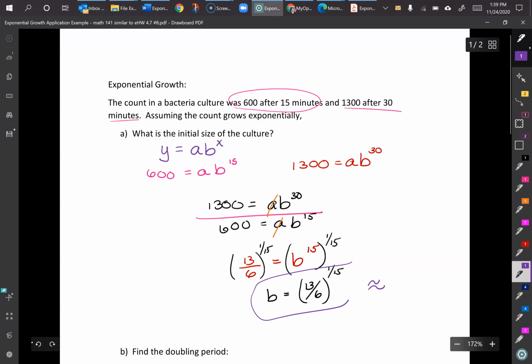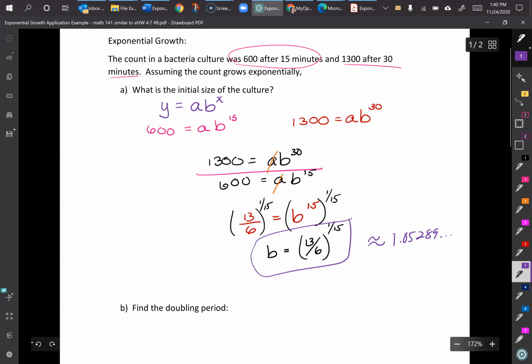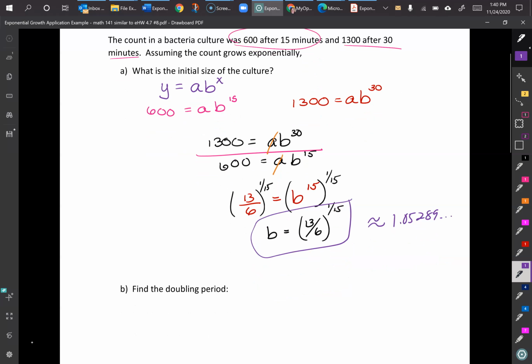You want to really try to keep it in the fraction if you can, because that's an exact answer, but it comes out to be about 1.05289, and so on and so forth. If you do round it, make sure you go out probably about 4 or 5 places, and then you won't get too much rounding error, and it should come out the same. But if your answers are consistently just a teensy off, let me know, and I can help you with that.